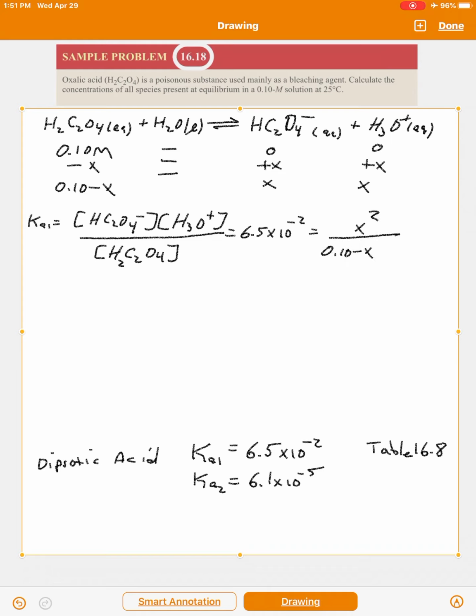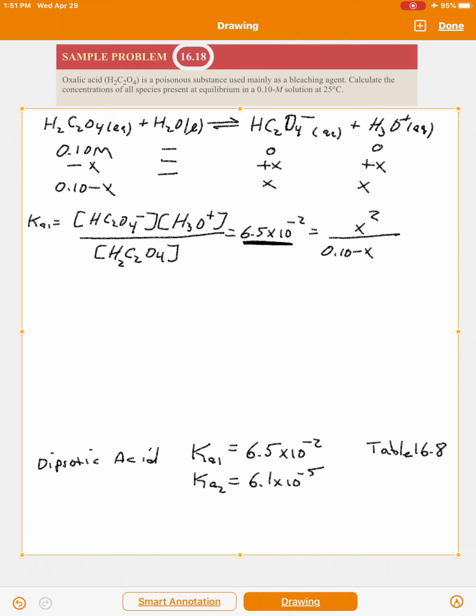Right? Now, here is an example where you cannot make the assumption that 0.10 minus x is approximately equal to 0.10. And the reason is this Ka is so big here. When this is negative 4, negative 5, even negative 3 sometimes, you can make that assumption.